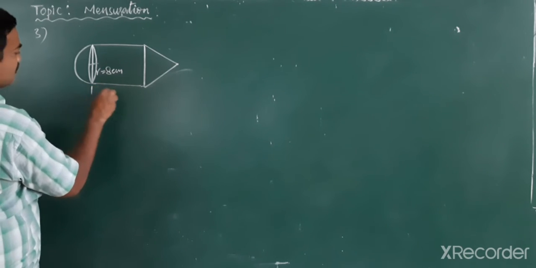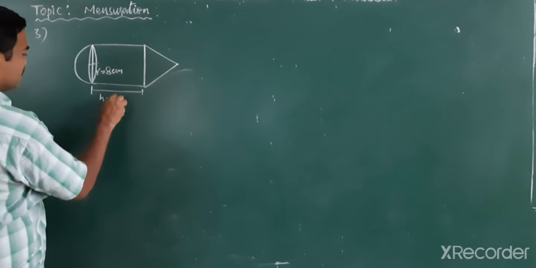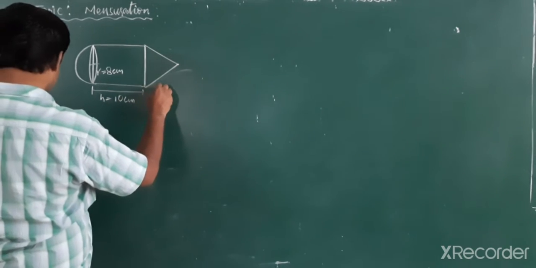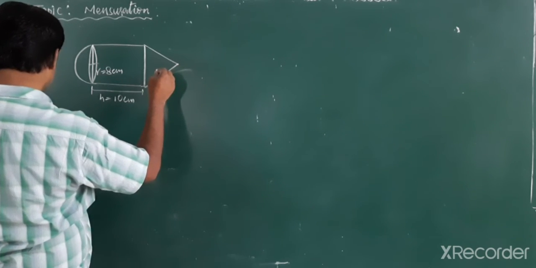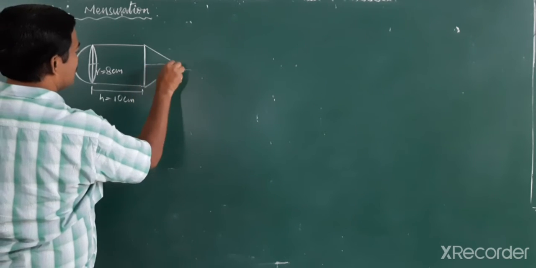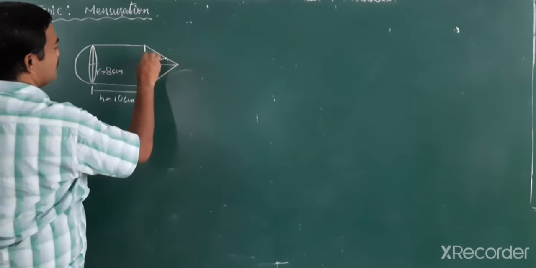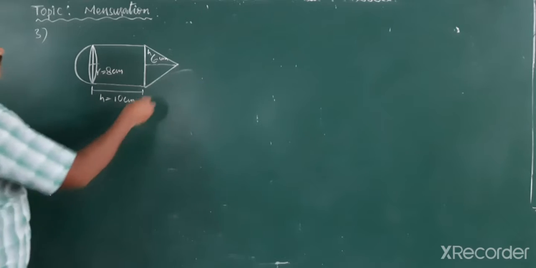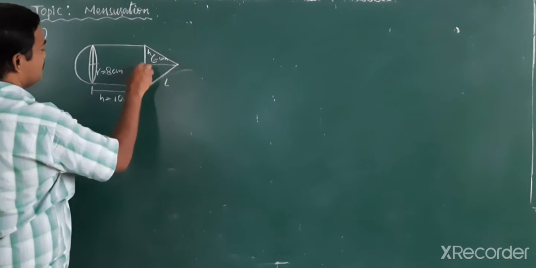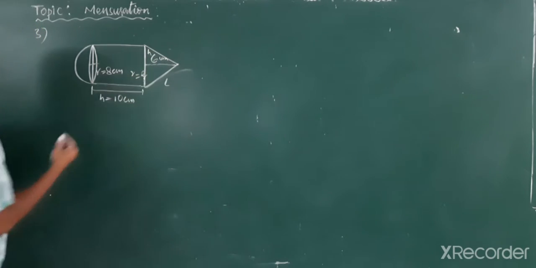The height H of the cylinder is 10 centimeters, and the height of the conical portion is 6 centimeters. To find the surface area of the cone, we need to find the slant height L.